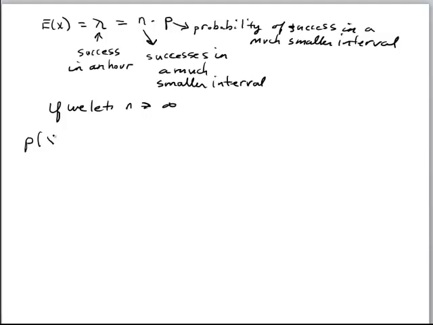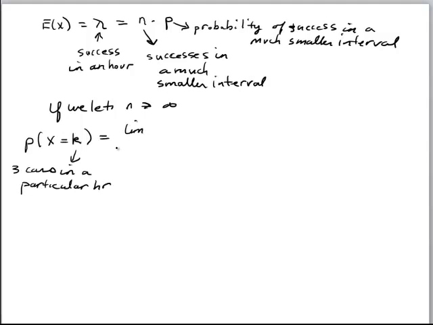The probability that x is some k. So let's say that we get 3 cars in a particular hour. We can let the limit as n goes to infinity of n choose k, and that means k moments in time as n approaches infinity.